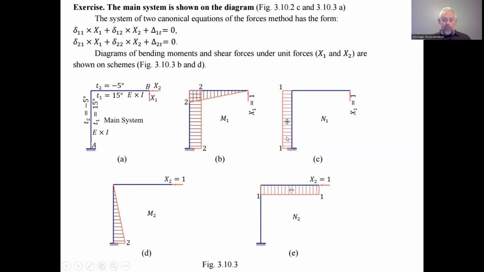And I just want to remind that the sign of the longitudinal force diagram on the vertical part of the mechanical system is plus. We consider it positive as the unit force x1 expands this vertical part of the mechanical system.